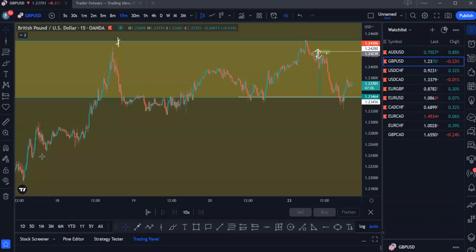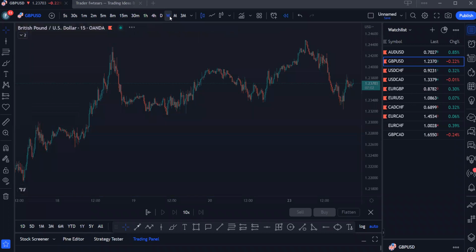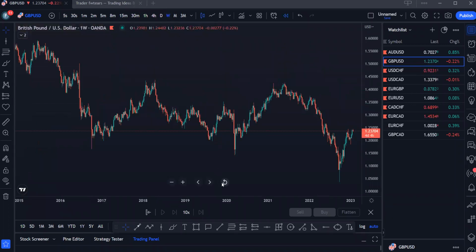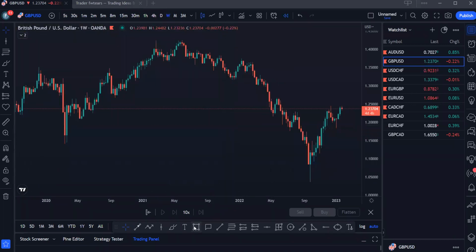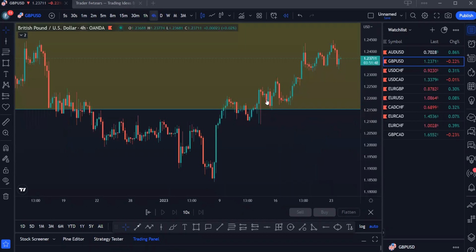So GU is already going down. Let's do it again. Price is reacting to this range here on the weekly. Right. So on the 4 hours is what you're waiting for.